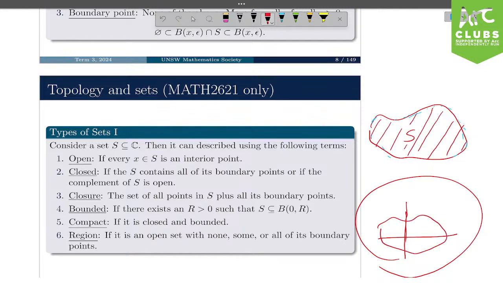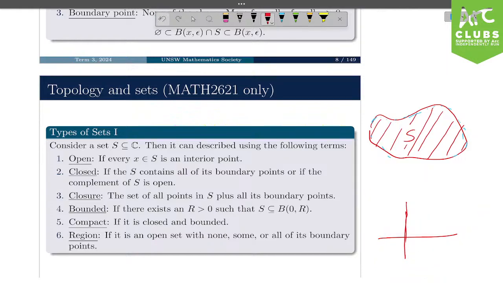So if we had some set here, we can pick a big circle that contains the entire set. An unbounded set would look like, for example, the set where we take everything to the right of this line. That would be unbounded because no matter how big we pick our circle, there will always be some point very, very far to the right that is outside our circle.